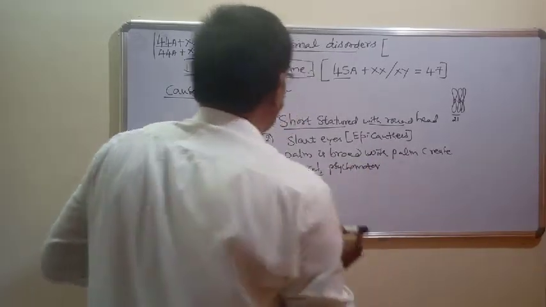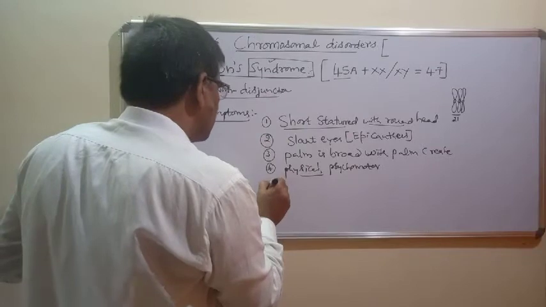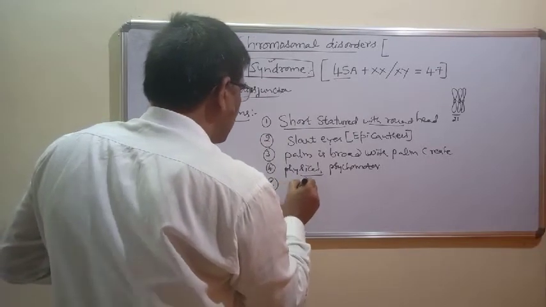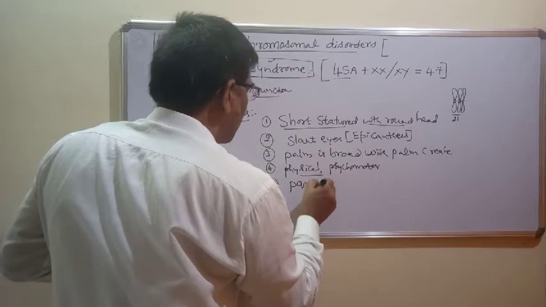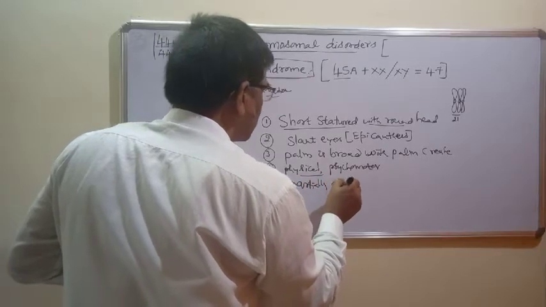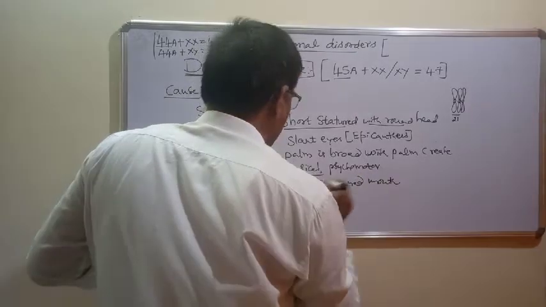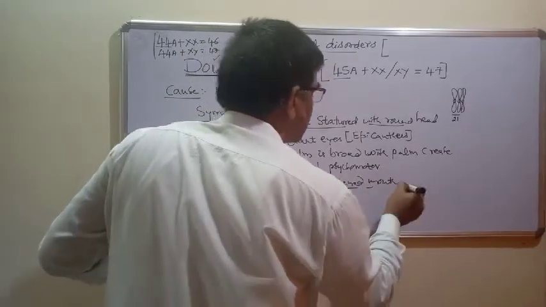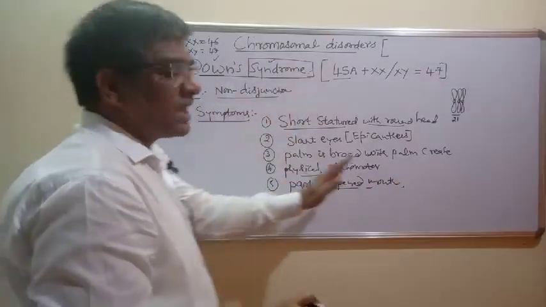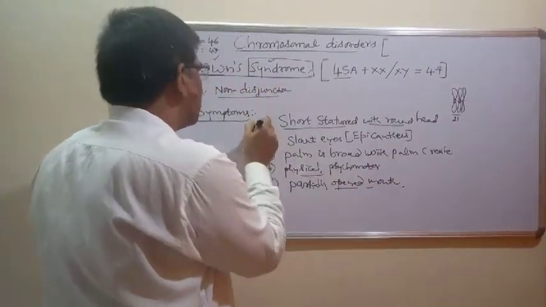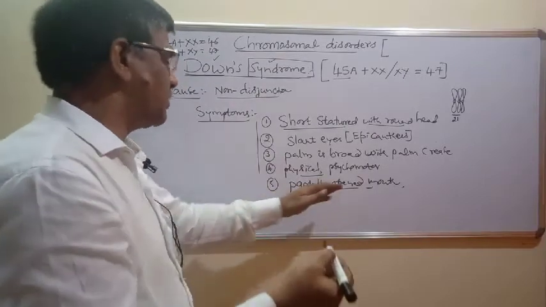There are still some more characteristics: they have a partially opened mouth, and because of that salivation takes place. Saliva is always coming out.